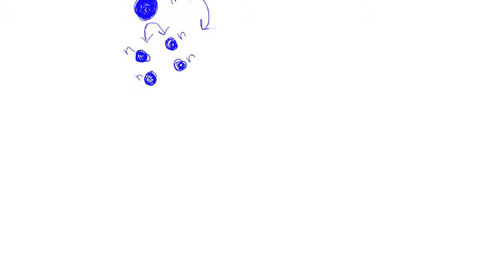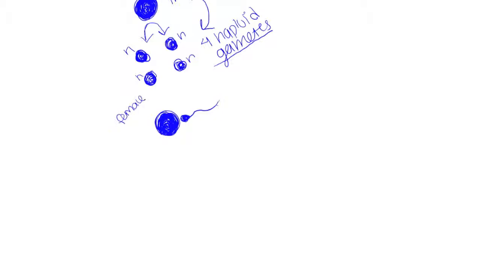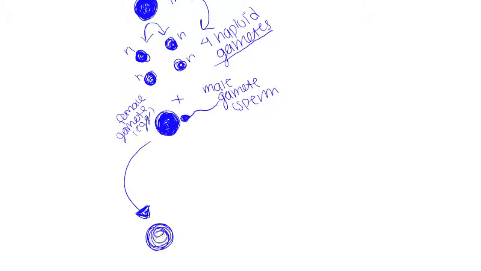So in this process of meiosis, it starts with a diploid cell, and then this is split into 4 haploid gametes. When the female gamete, the egg, and the male gamete, the sperm, go together, they create a zygote, which is 2N.